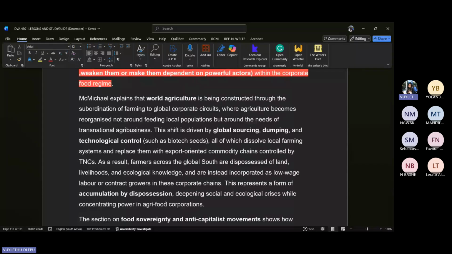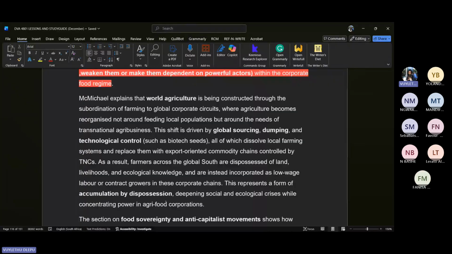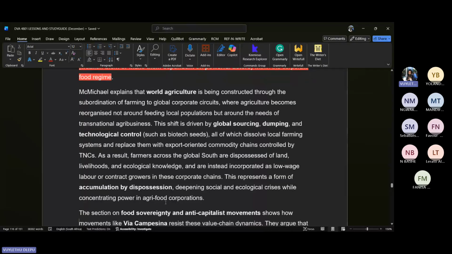McMichael explains that world agriculture is being constructed through the subordination of farming to global corporate circles, where agriculture becomes organized not around feeding local populations, but around the needs of transnational agribusiness. This shift is driven by global sourcing, dumping, and technological control. Then they talk about the seeds, all of which dissolve local farming systems and replace them with export-oriented commodity chains controlled by TNCs.